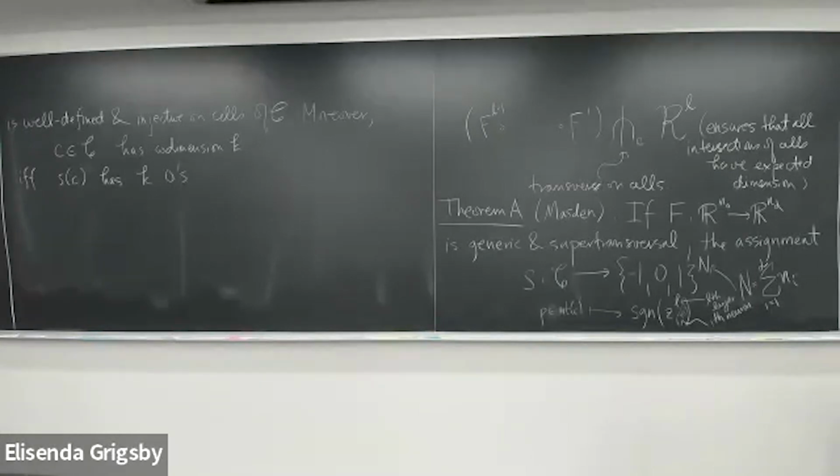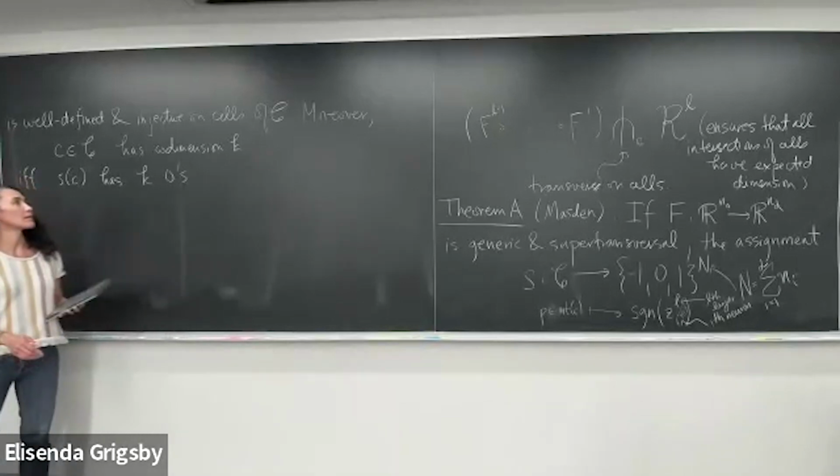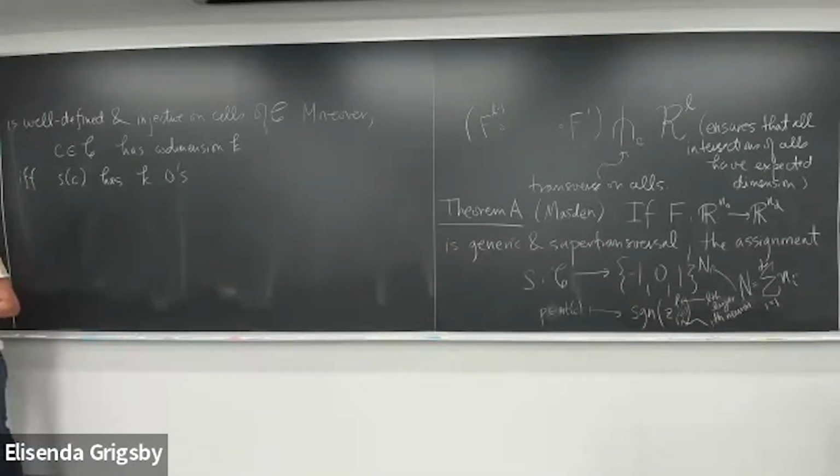The statement is that if you impose these geometric conditions, then every k-fold intersection of bent hyperplanes is codimension k.